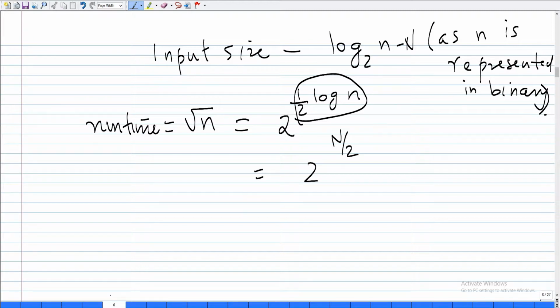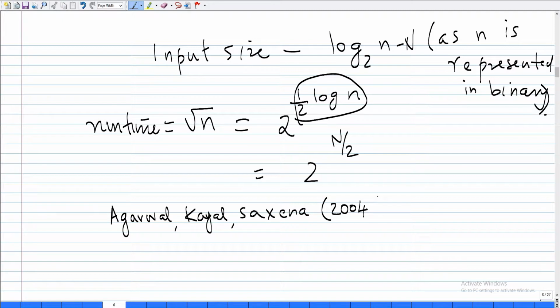Even if you see Cormen's book, it will have some probabilistic polynomial time algorithm, but this problem was solved and it is a significant Indian contribution here. This is by Manindra Agarwal at IIT Kanpur and a couple of his students, 2004, okay.